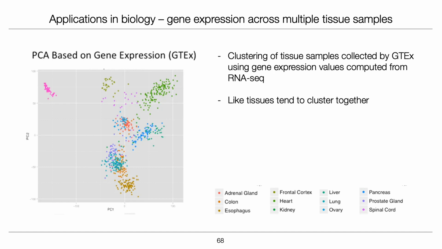Here is a biological example of clustering tissue samples based on their gene expression, with the data taken from the GTEx consortium. Each dot in the scatter plot indicates one tissue sample, and its color indicates its tissue of origin. There are many dots with the same color.